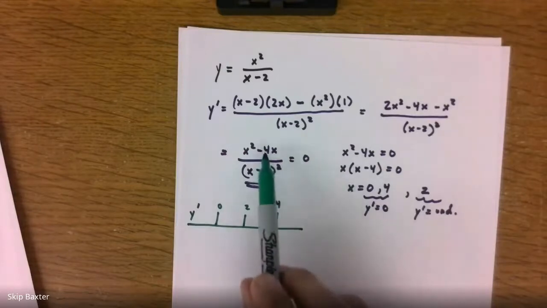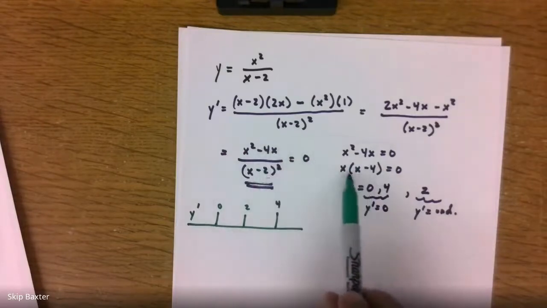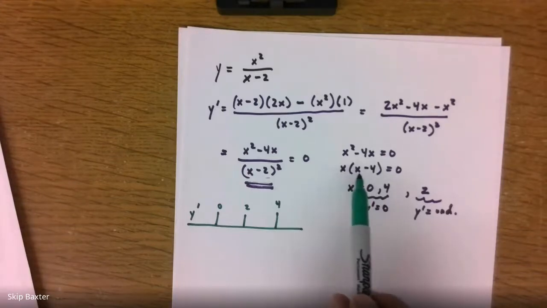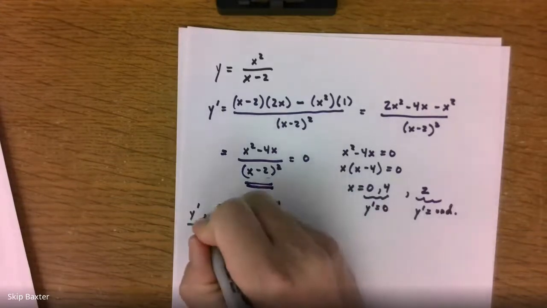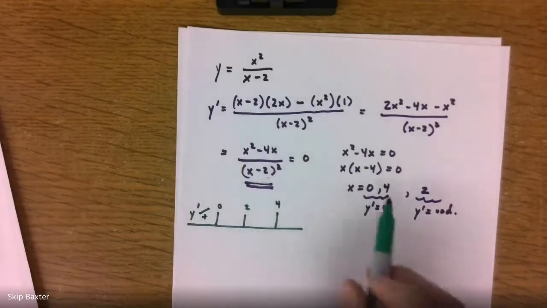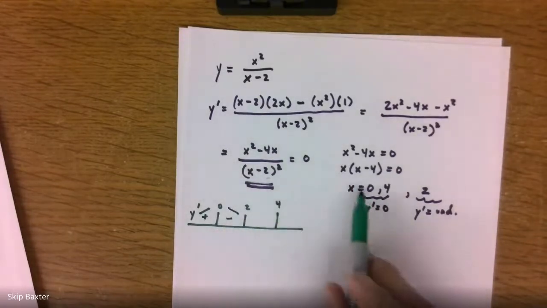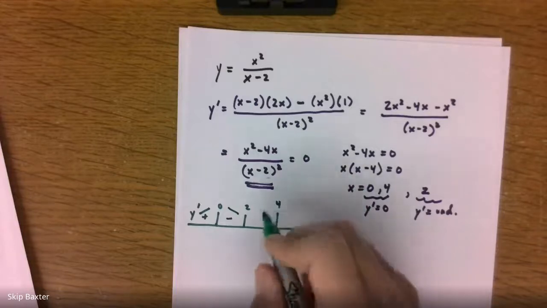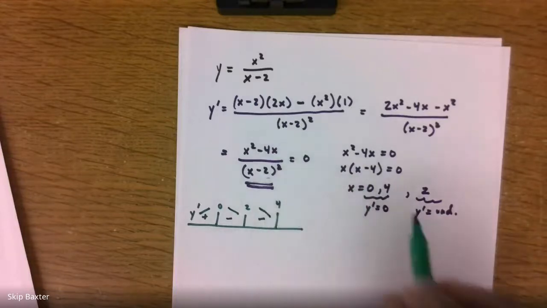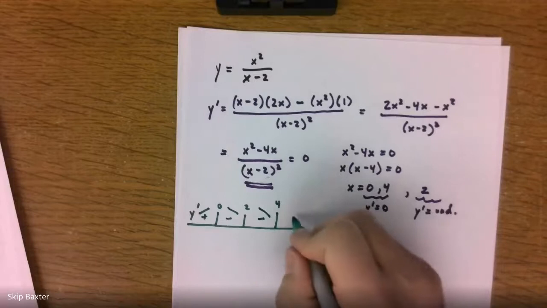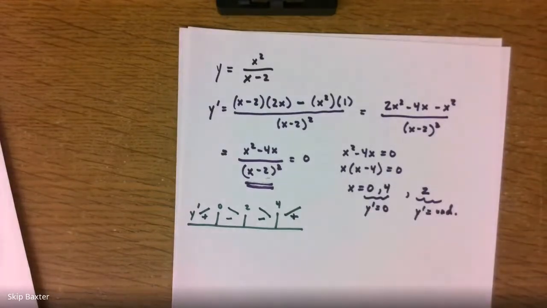I only have to think about the numerator, which is a simple factored version. So if I plug in -1, it's a negative times a negative. If I plug in 1, it's positive negative. If I plug in 3, it's positive negative. And if I plug in 5, it's positive positive. So that's what my first derivative chart looks like.